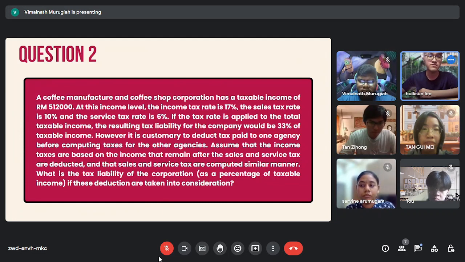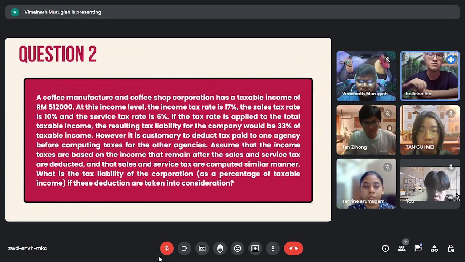A coffee manufacturer and coffee shop corporation has a taxable income of 512,000 ringgit Malaysia. At this income level, the income tax rate is 17%. The sales tax rate is 10% and the service tax rate is 6%. If the tax rates are applied to the total taxable income, the resulting tax liability for the company would be 33% of taxable income.